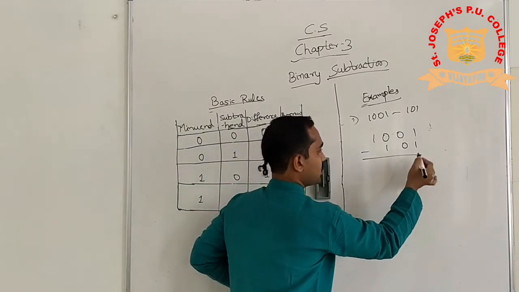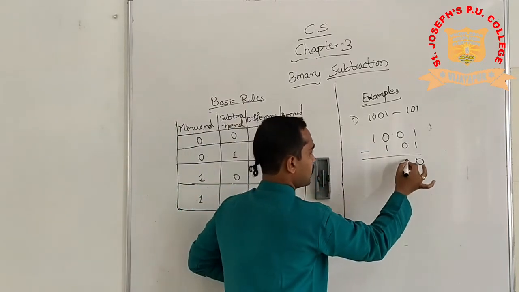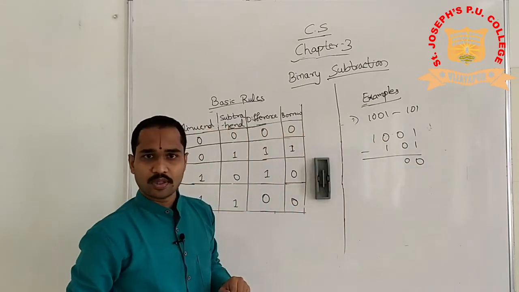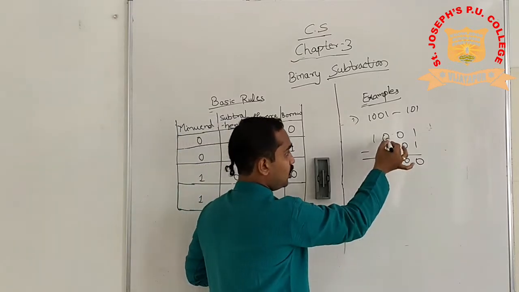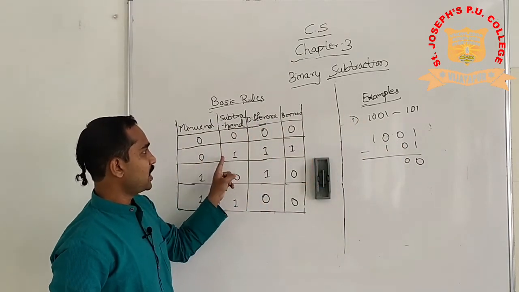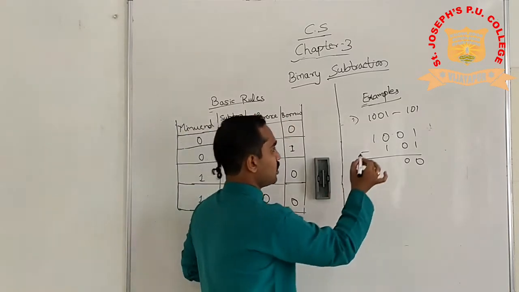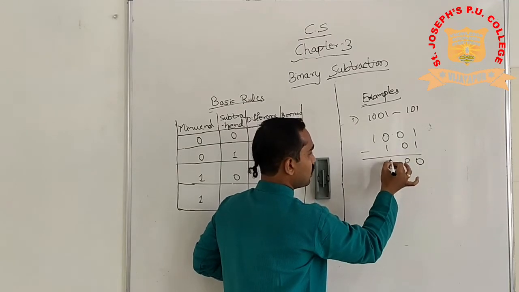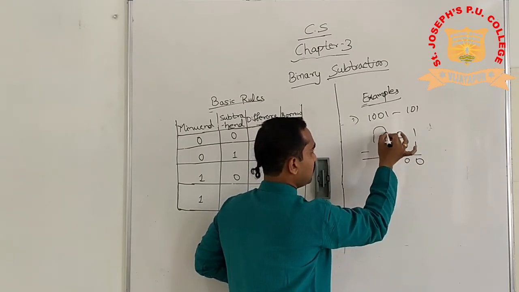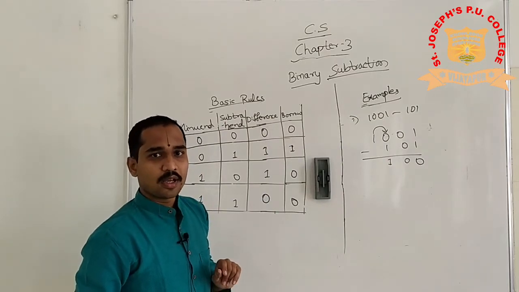So difference is 0, no borrow taken. 0 minus 0, same, difference is 0, borrow is also 0. Now 0 minus 1, which came in the second one: difference is 1, borrow is also 1. So difference is 1 and you are taking this 1 as the borrow.